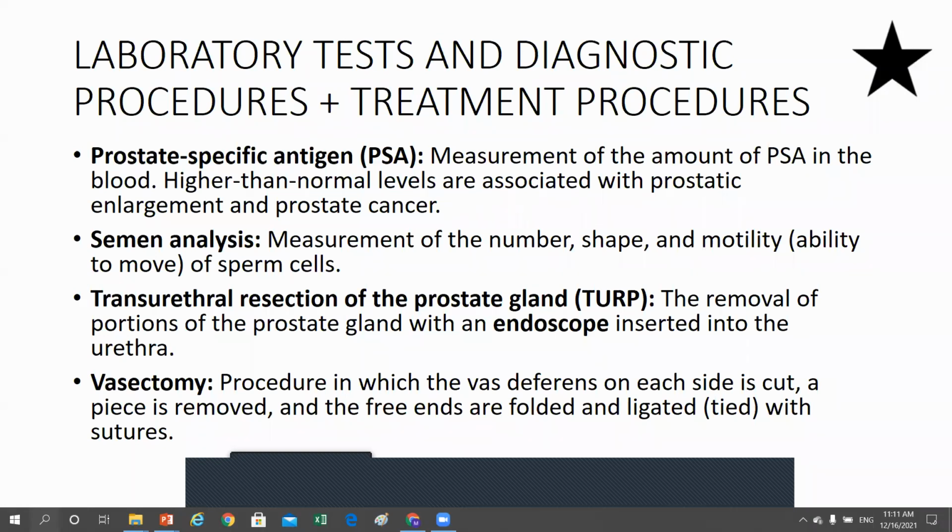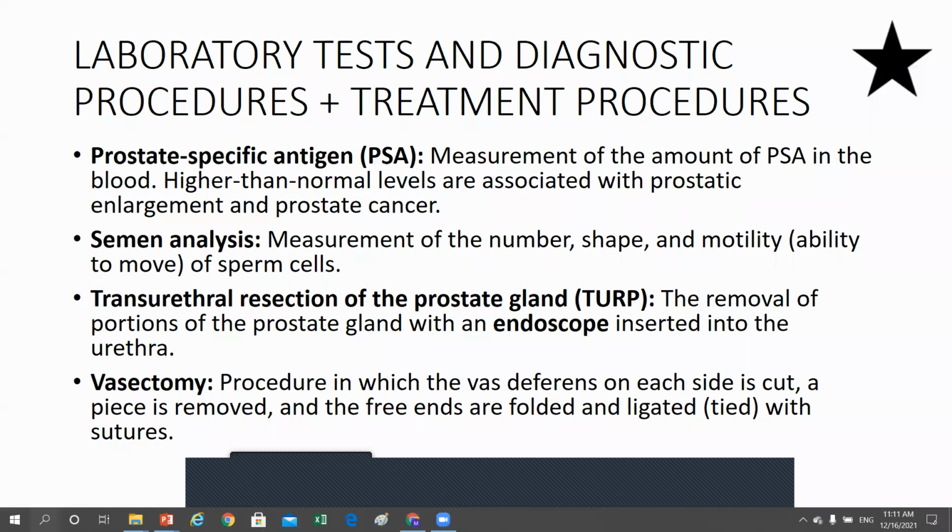Vasectomy, in which the vas deferens on each side can be cut or it can be ligated. Please look at the term ligated. If we cut the vas deferens, it will be permanent, the person will not get the sperm to reach out. If we tie it, we can release the tie after some time when we want, and then the person will again become fertile.